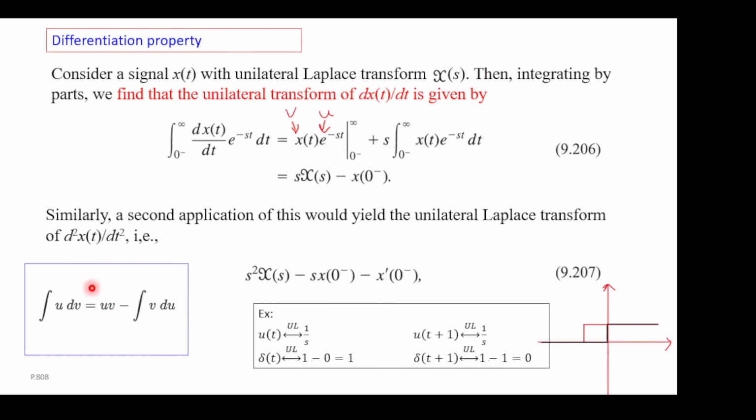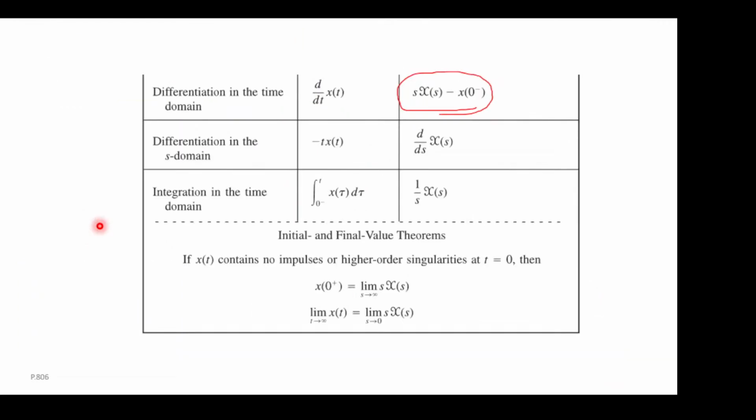And as we said, the differential property is very useful, and it can be derived from this integration by parts. Then you can do this multiple times and get the higher order derivatives. So for example, the second order derivative will become this thing. Maybe we should say it once again.